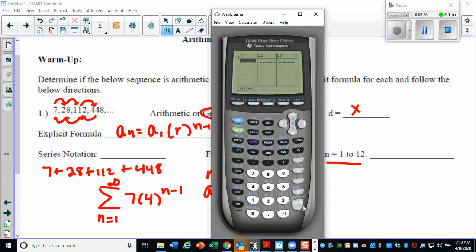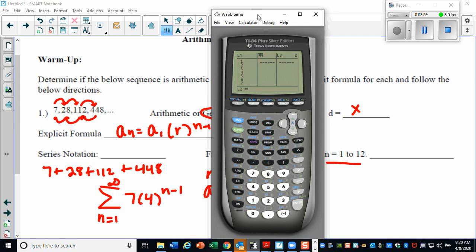So here we're just going to type in 1 through 12: 1, 2, 3, 4, and so on. That's like the top number of your table, your input values or your X values. So list 2, think of this as now your a sub n.